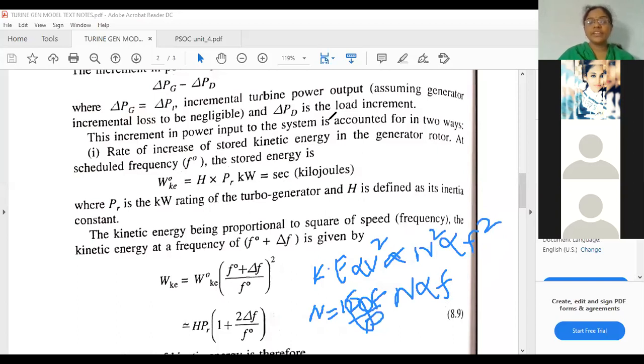So here the kinetic energy is proportional to square of the speed. Then directly it is proportional to frequency square. As the frequency is not changed, your kinetic energy is proportional to your rated frequency.